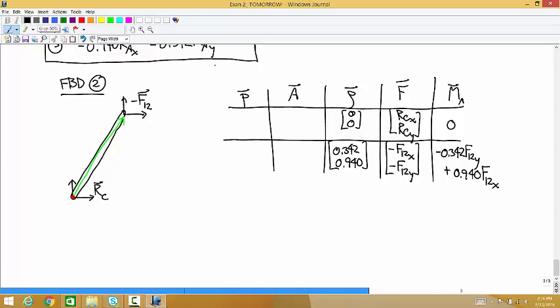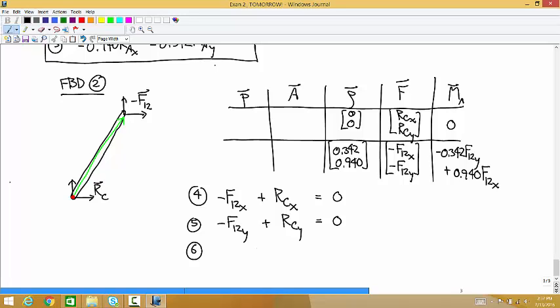And we get three more equations. Equation 4 says negative F12x plus RCX equals 0. Equation 5 says negative F12y plus RCY equals 0.